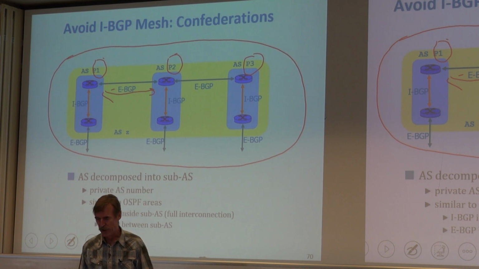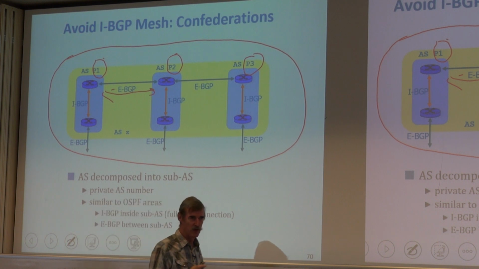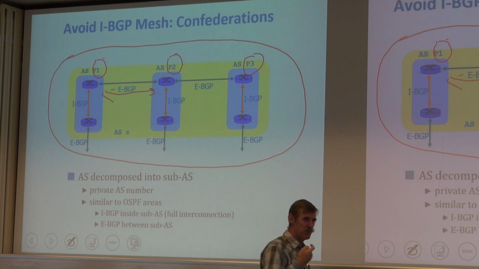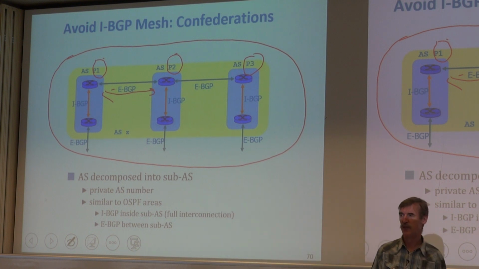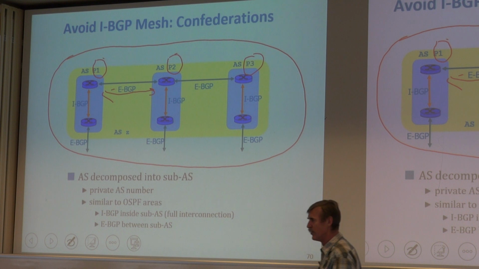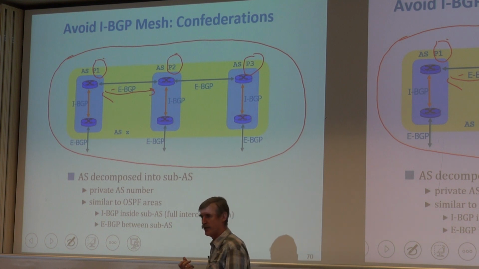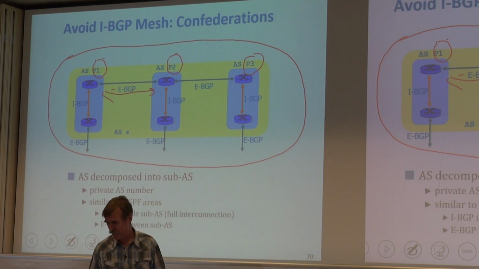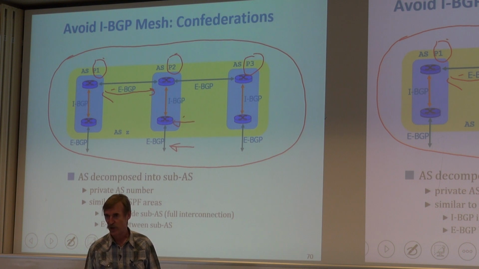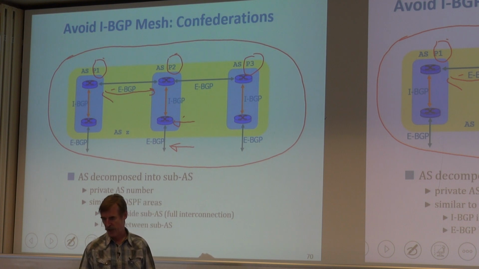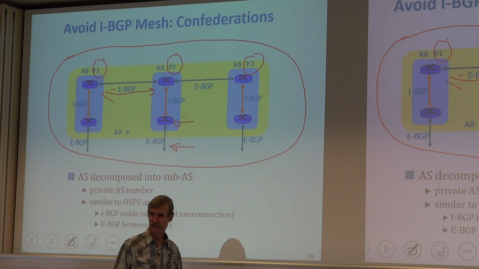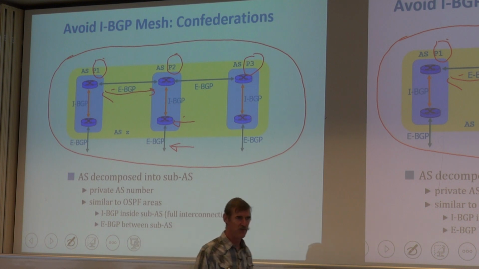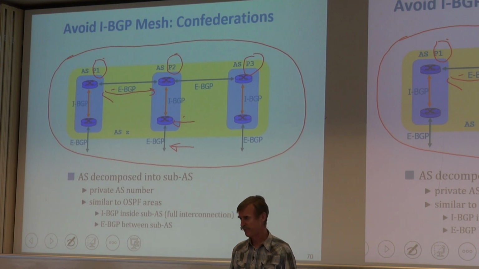Of course, you need a little exception to all the rules we saw. Those private AS numbers need to be changed to your true AS number when you talk here. So on this interface, you will need to configure this router to change all the P1, P2, P3 that it has everywhere by the value Z, which is not a very big thing to do.